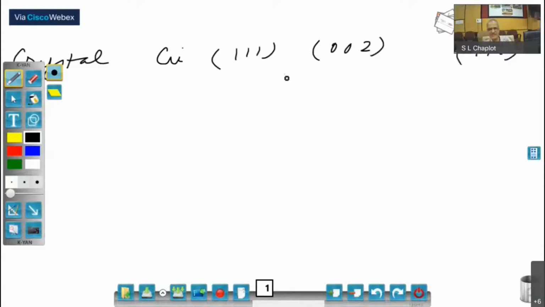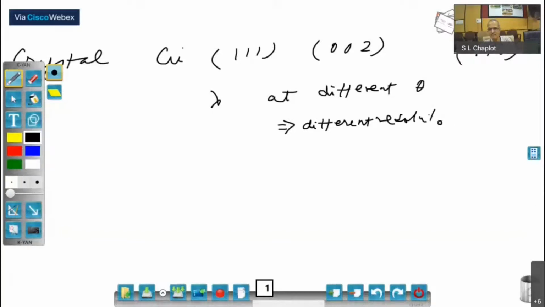These will give the same wavelength at different theta, and therefore different resolutions. This is one aspect, and also the energy range that you can get again has a variety. So this is one concept one can use.